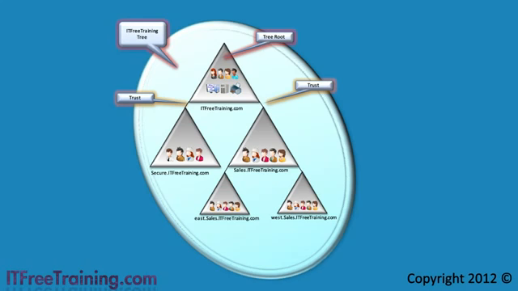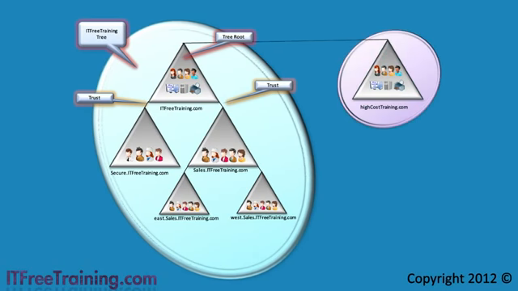The next question is, what would happen when you add another domain that has a different namespace to the other domains? For example, if I added the domain highcosttraining.com. When this happens, the new domain, High Cost Training, will be part of a new tree.